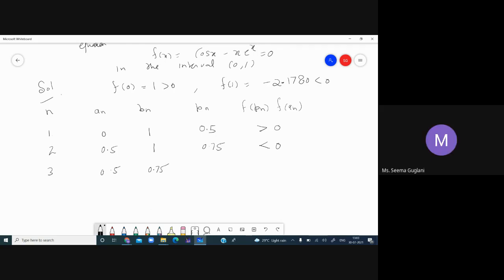Fine. Next we calculate 0.625. So I again cross-check the sign of f(0.625) and f(0.5). Clear? This comes out to be negative. So what should be the next interval? Tell me.